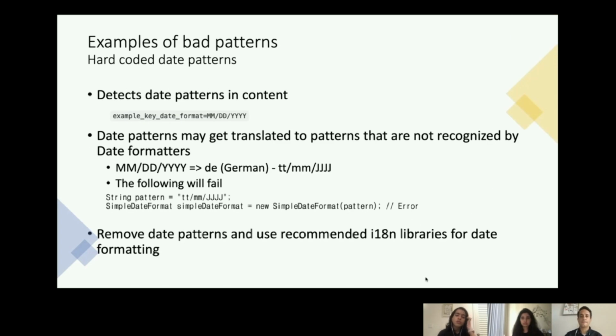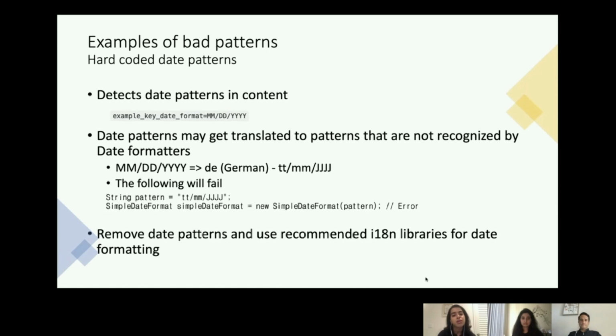So first, let us look at hard-coded date patterns. We try to detect date patterns in content, for example, mm/dd/yyyy. The problem with having these in content is that when they get translated, the patterns might sometimes not be recognized by standard date formatters. For example, you can see here the pattern we discussed before.